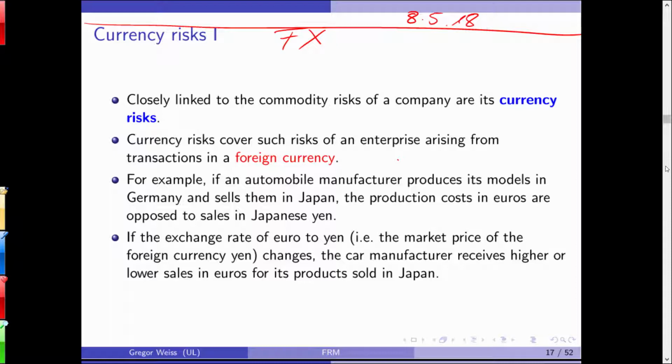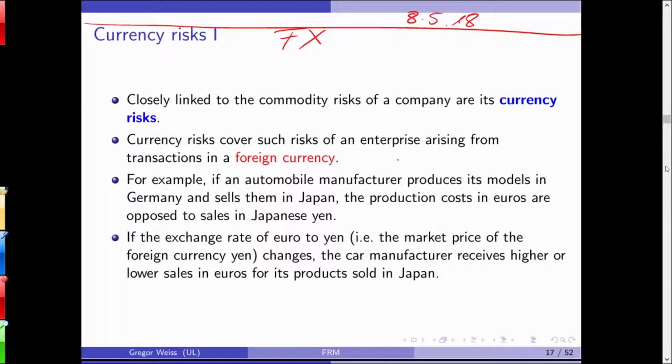This is a very particular risk, and not every company will face foreign exchange risk. You only face FX risk as soon as you enter contracts that are denominated in a foreign currency. So for example, if you're a car manufacturer, you produce cars and you want to ship them to the United States, you will face currency risk because you're producing in Europe, you have costs in euros, but you have revenues that come into your company in US dollars.